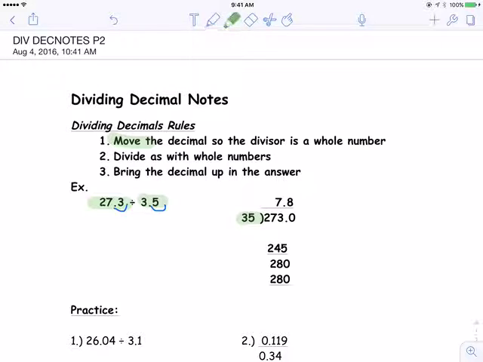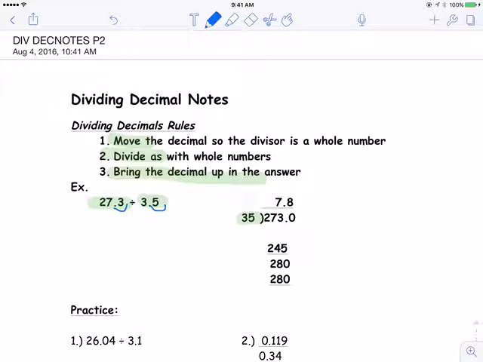Then what we do is we divide as we do with the whole numbers, and don't forget to bring the decimal up. So 35 doesn't go into 2, 35 doesn't go into 27. We have to figure out how many times 35 goes into 273.